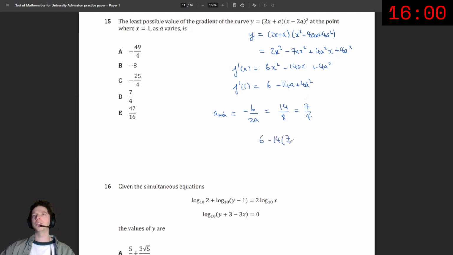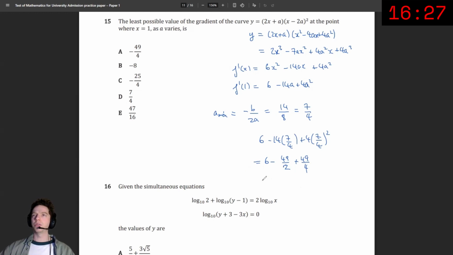6 minus 14. Let's see, a bit of cancellation here. There's a 2 times 7. So 49 over 2, and then here 4 is going to cancel with this 4, so I have plus 49 over 4.